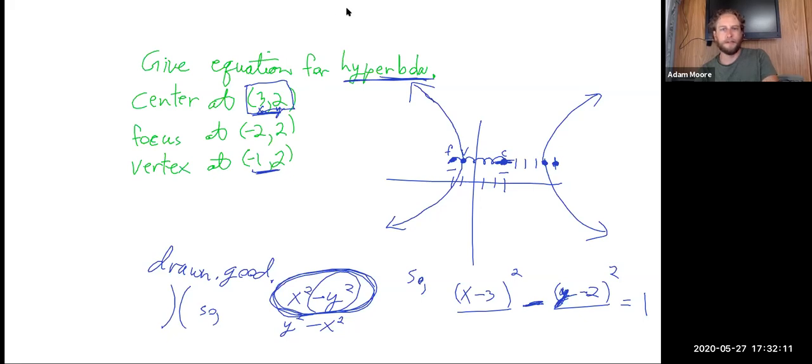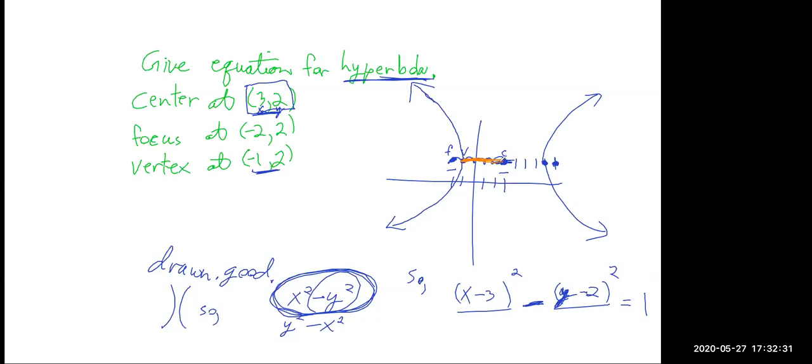All we've got is all this info here. Now I want you to notice this with me. Something that we already noticed is, from the center to the vertex, how many steps was that? 4. It was 4 steps.